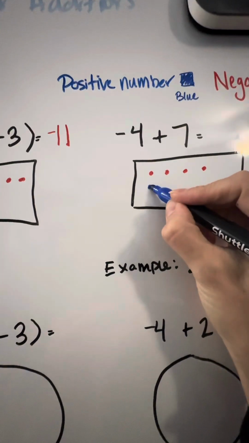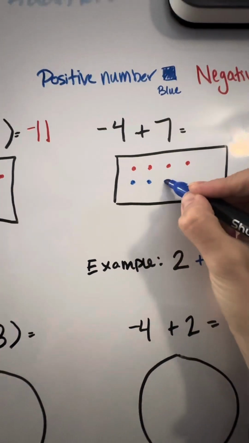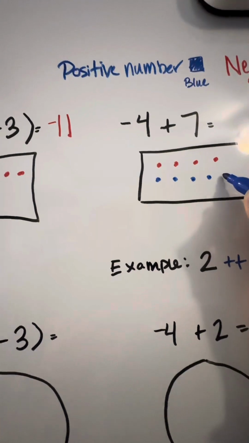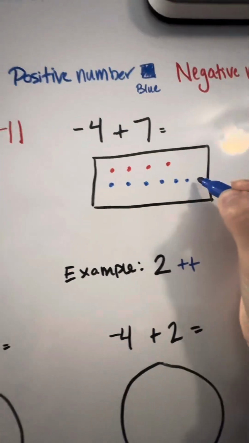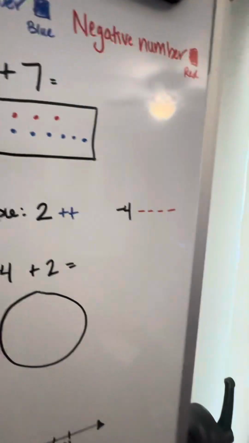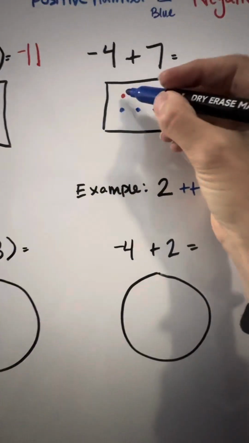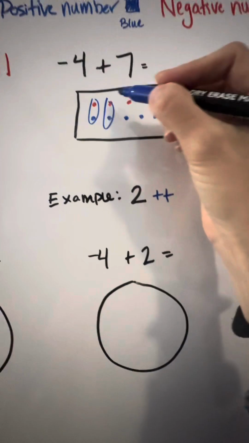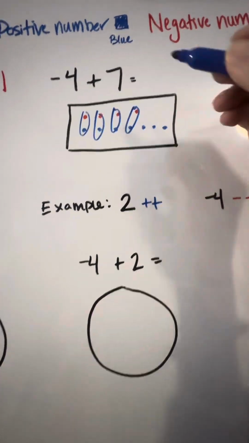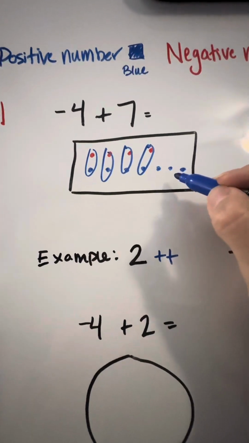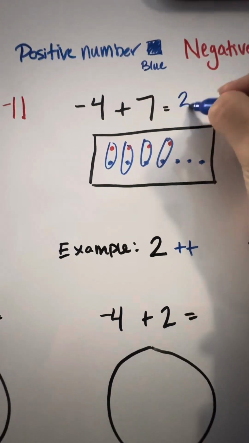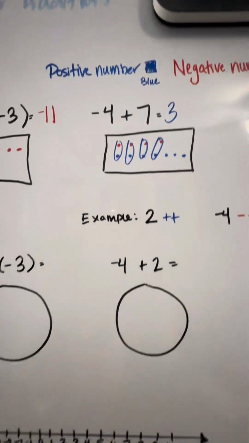So we're going to do 1, 2, 3, 4, 5, 6, 7. And when you have a blue and a red dot, they all cancel out. So these cancel out, these cancel out, these and these, leaving us with 1, 2, 3. So our answer is going to be positive 3.